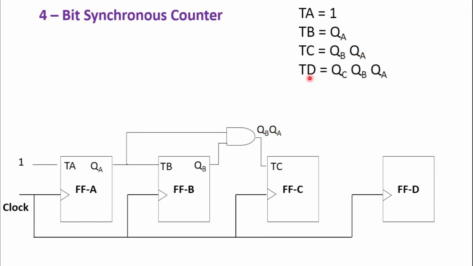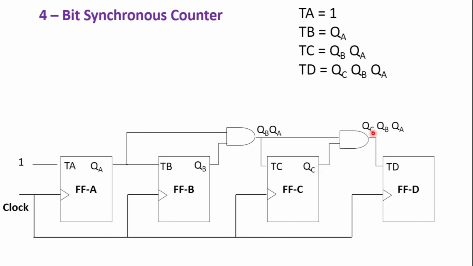Now what about TD? TD is QC QB QA, means it is the AND of QC, QB and QA, but we have already obtained QB and QA. So I will require one AND gate and this expression QB QA will be ANDed with QC. So QB QA is given as the first input to this AND gate and the second input is QC.